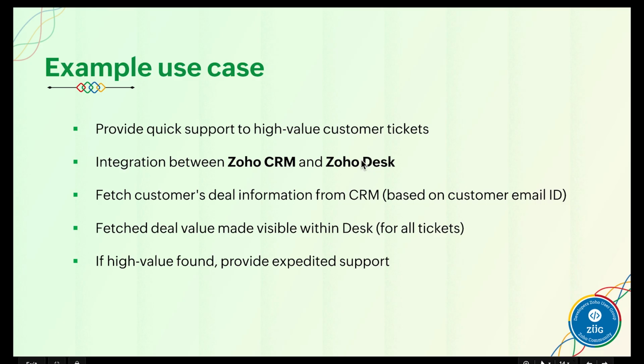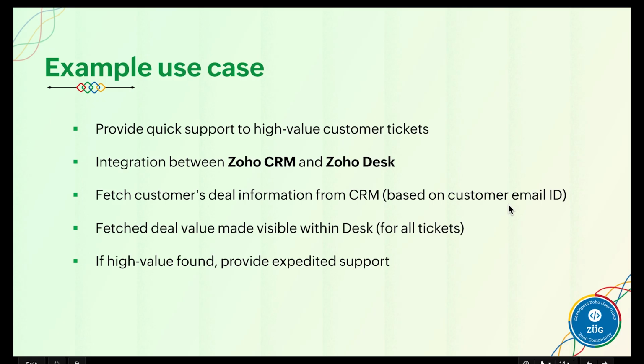As I mentioned, we'll have data within Zoho CRM, and that has to be brought into Zoho Desk. For that, we'll be creating an integration between Zoho CRM and Zoho Desk, wherein we will fetch the customer deal information from Zoho CRM based on the email ID associated with the particular ticket.